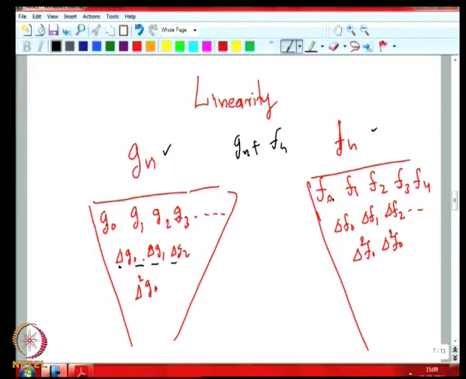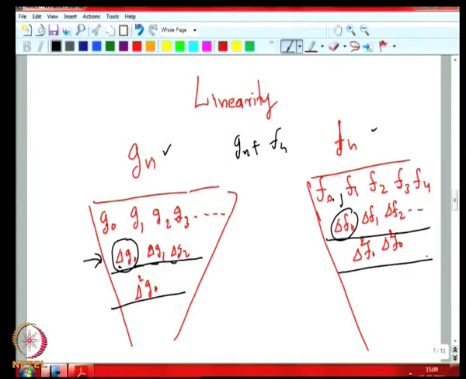This and this will add and stay just below, in the first gap. In other words, the first order difference sequence also is a sum of this first order difference sequence and this one. Similarly, the second order difference sequence also can be added.